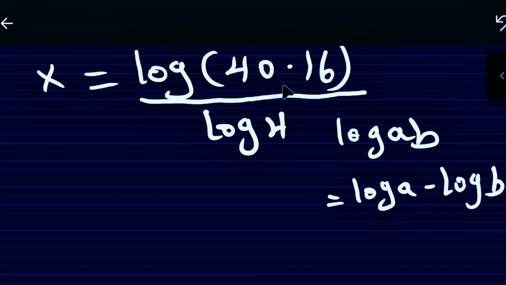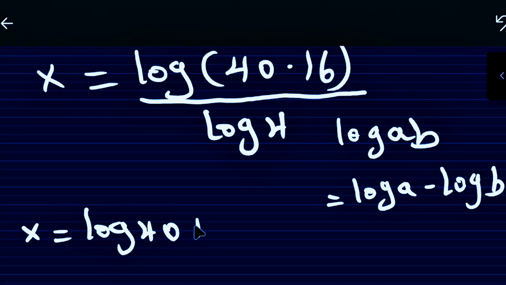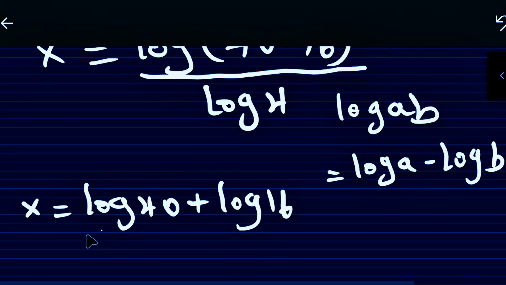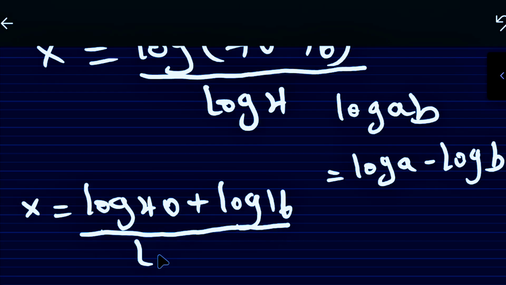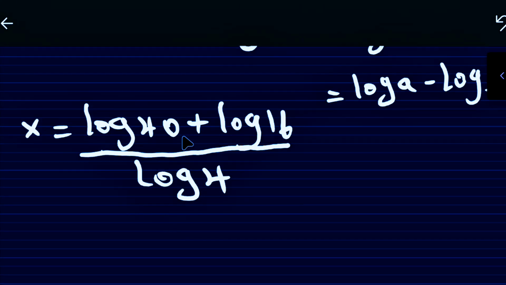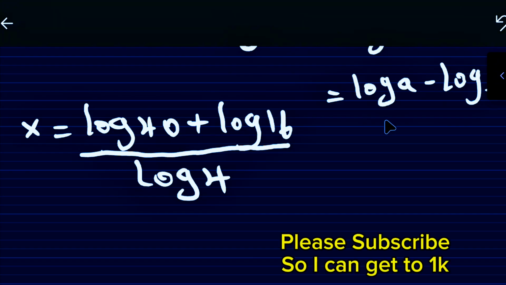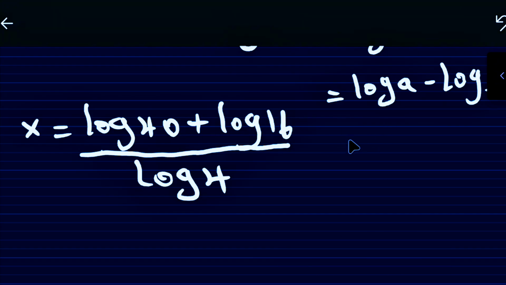If we apply this rule in this numerator, we are going to have x equal to log 40 plus log 16, and we are going to divide everything by log 4. Now we are going to express 16 as 4 squared, that is 4 multiplied by 4.